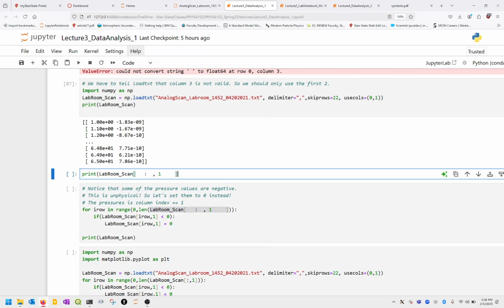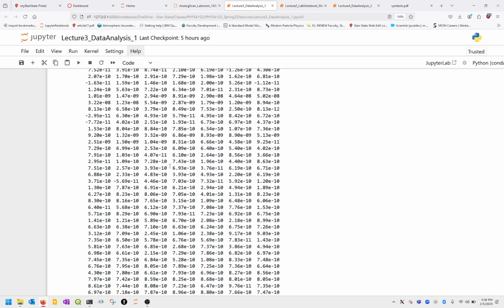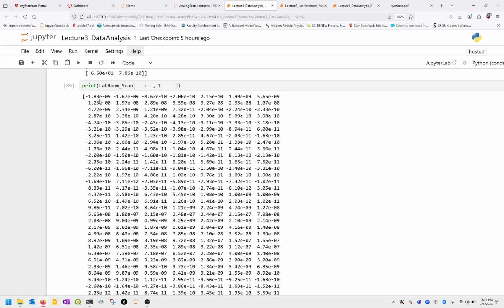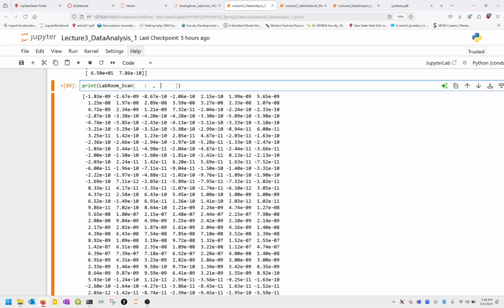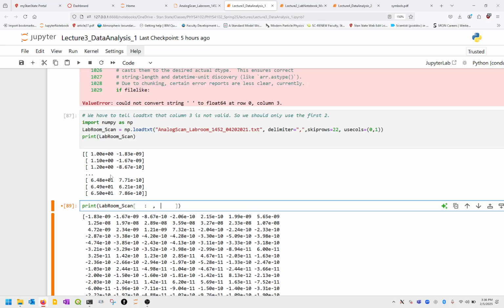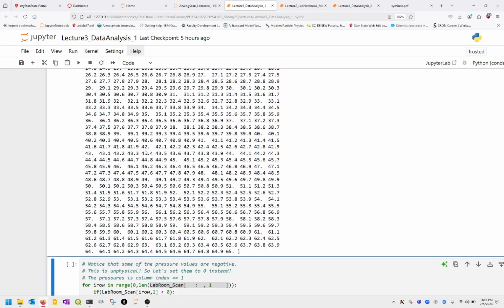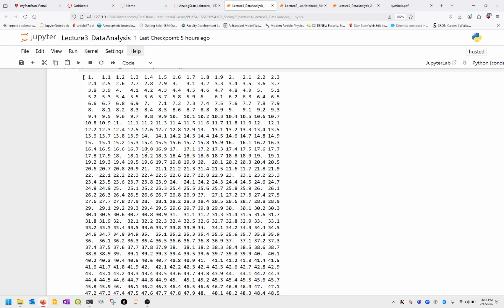Whenever you're not sure what the data looks like, just print it out. So this is all the pressure. If I want all the atomic mass units, this column here is column 1, so if I want column 0, I just change this to 0. It will give me all the atomic mass units: 1, 1.1, 1.2, 1.3.